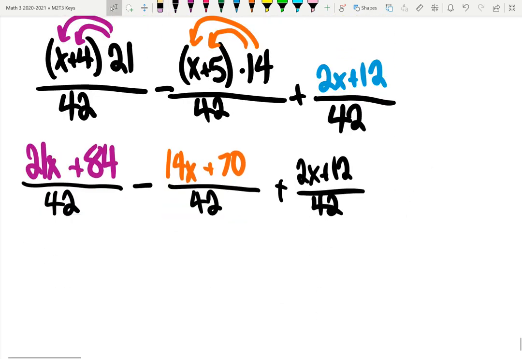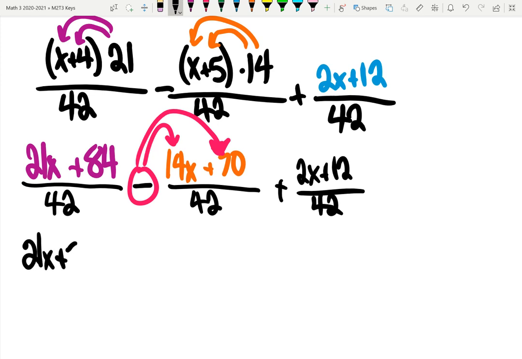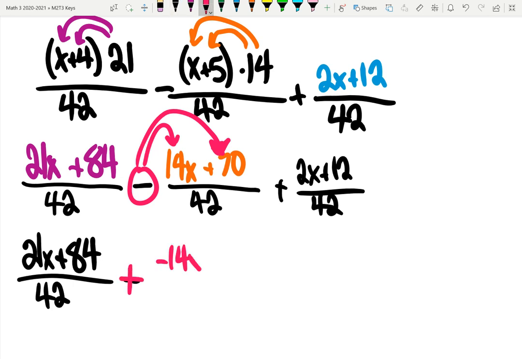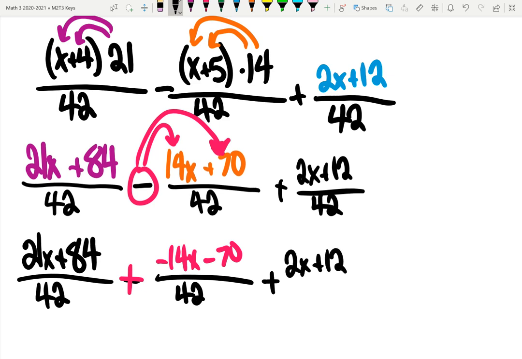Before I combine it, I always like to treat this negative and I have to distribute it. This is going to turn it to be 21x plus 84 over 42 plus negative 14x minus 70 over 42 plus 2x plus 12 over 42.